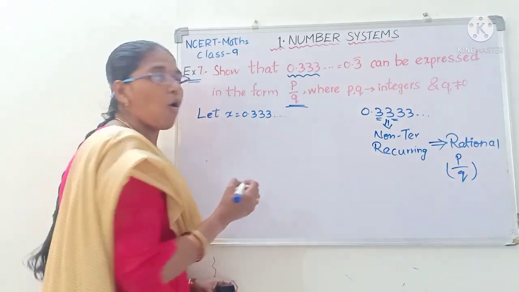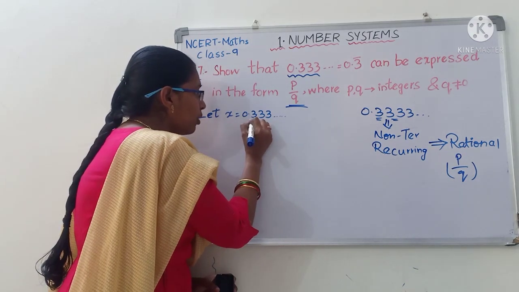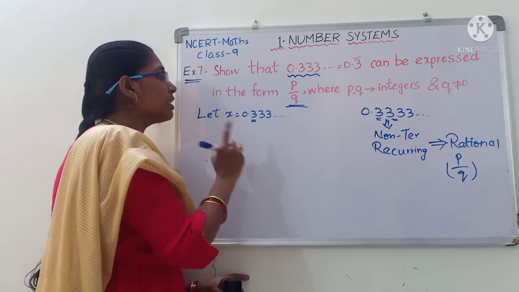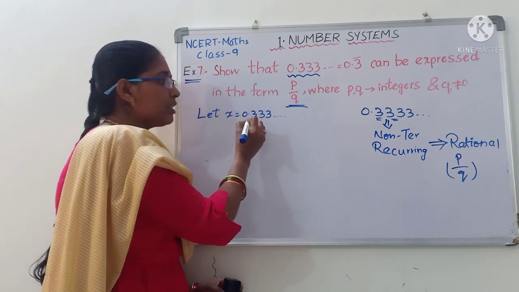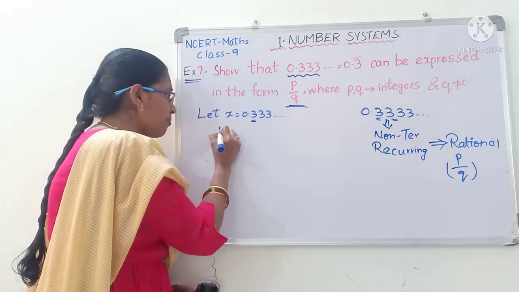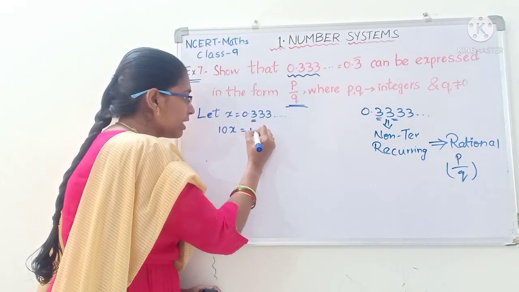Then children, how many digits are repeating? In this 0.33, only one digit 3 is repeating. Remember children, here in this question only one digit after the decimal point is repeating. So we multiply both sides by 10 to solve this problem easily.